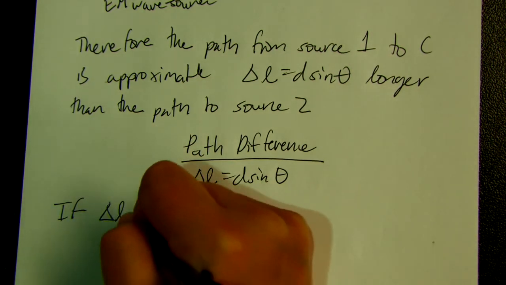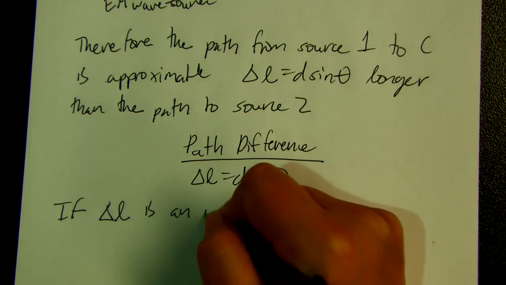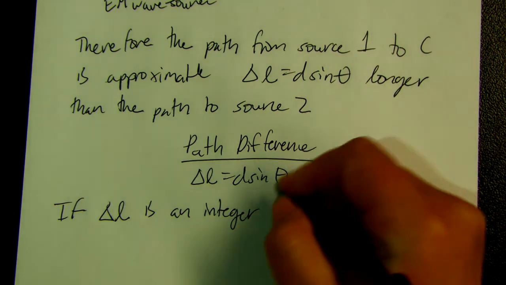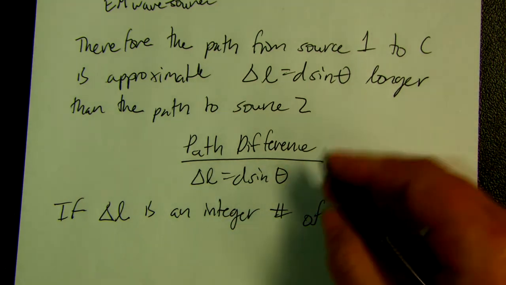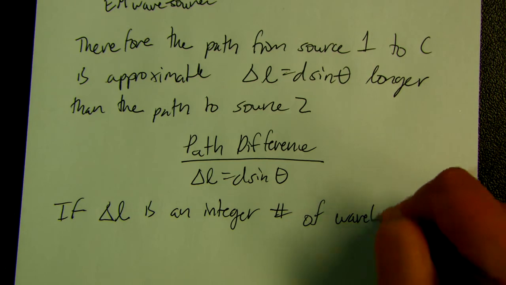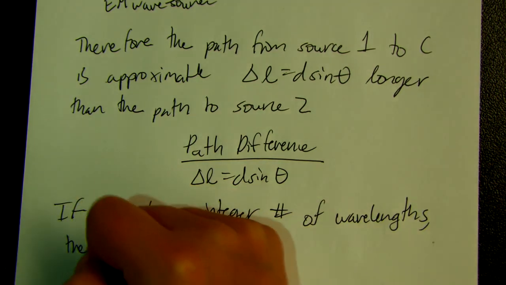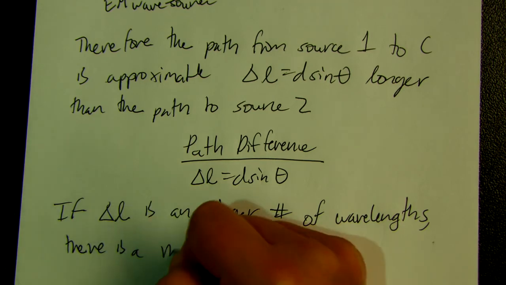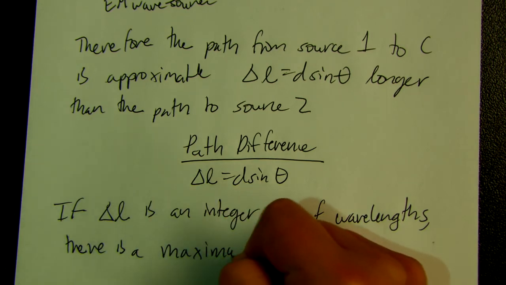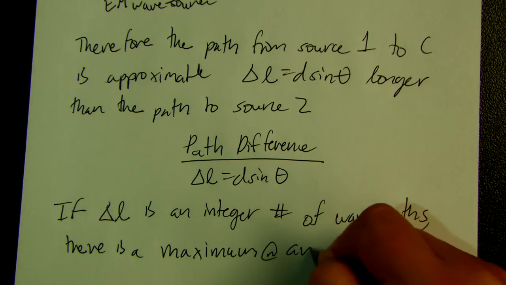If delta L is an integer number of wavelengths, there is a maxima at angle theta.